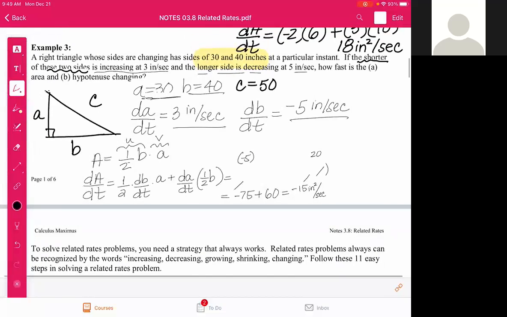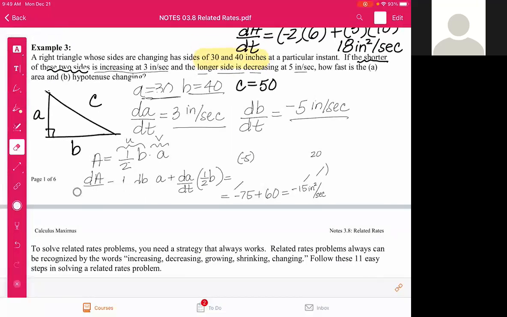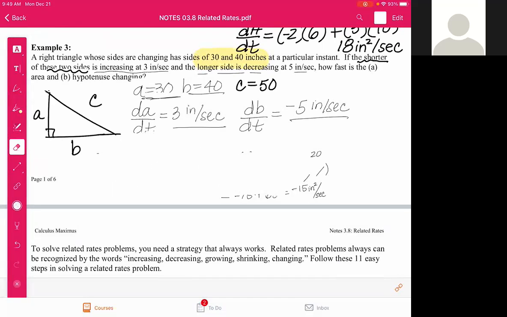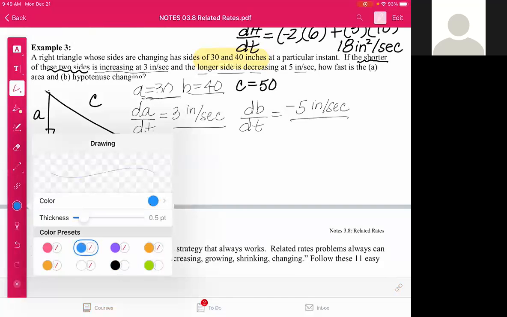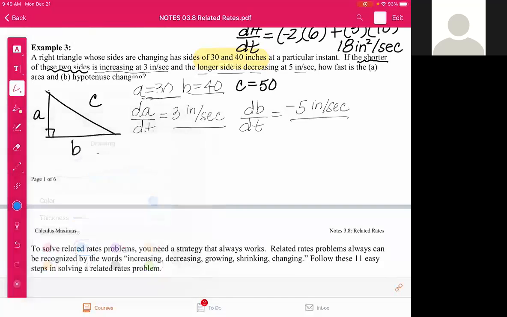Now we need to do the hypotenuse. So I'm going to erase some of this. We still need the derivatives that we had up there, the dA dt and dB dt. Let's make it just a tiny bit thicker. All right.